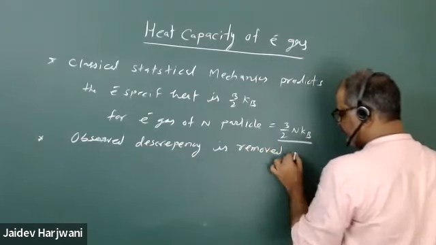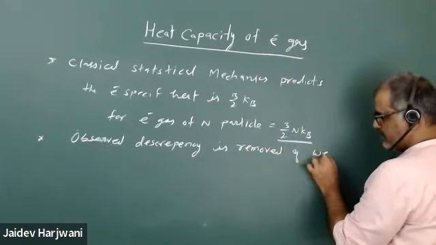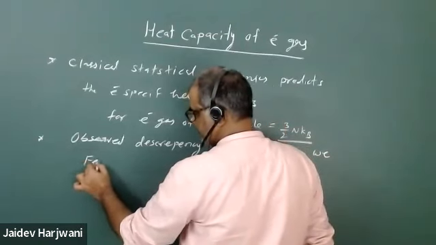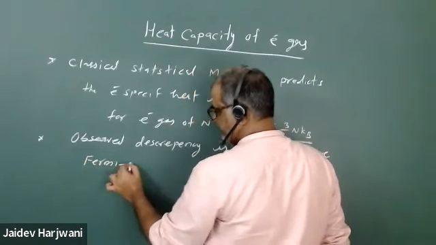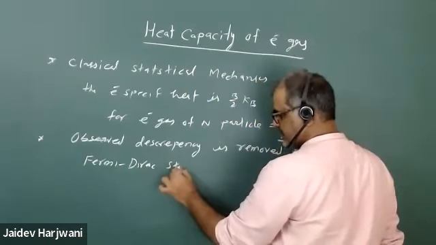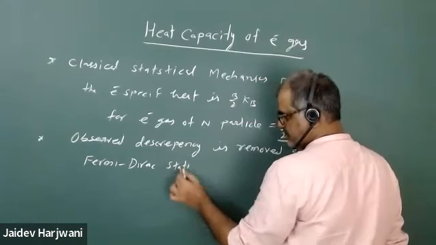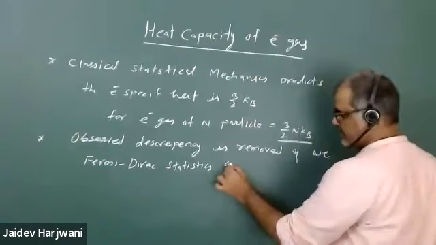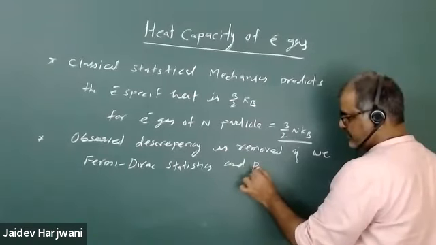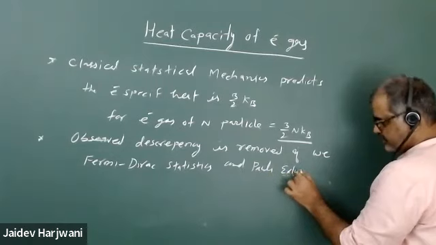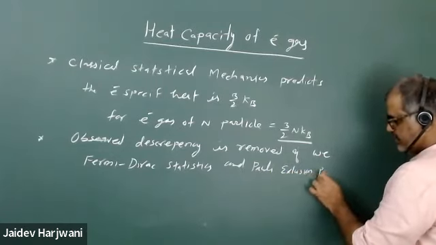if we assume electrons are fermions and use Fermi-Dirac statistics, along with the Pauli exclusion principle.